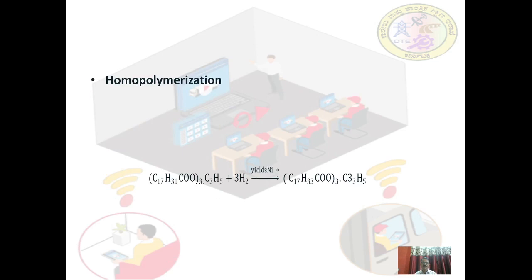Then homogeneous polymerization. In homogeneous polymerization, only one identical monomer will take part in the polymerization reaction. If only M and N monomers are present, the M monomer will react and form a separate polymer, and the N monomer will react and form another polymer.